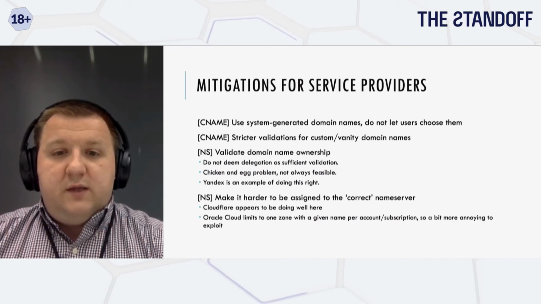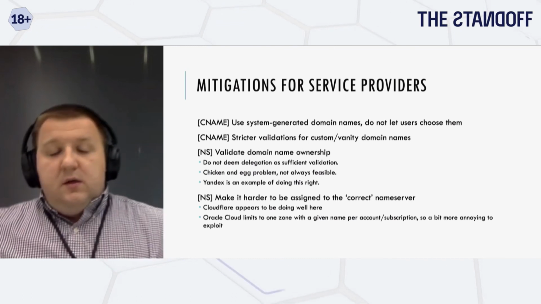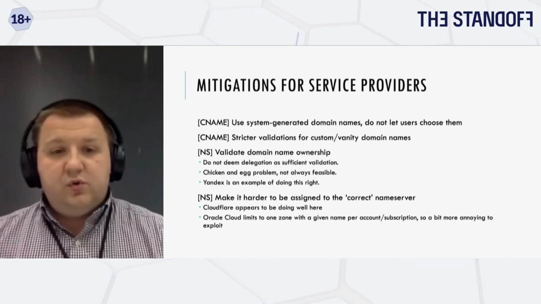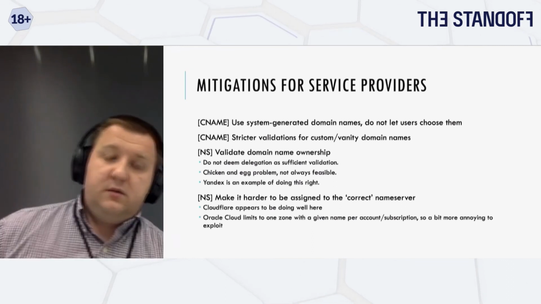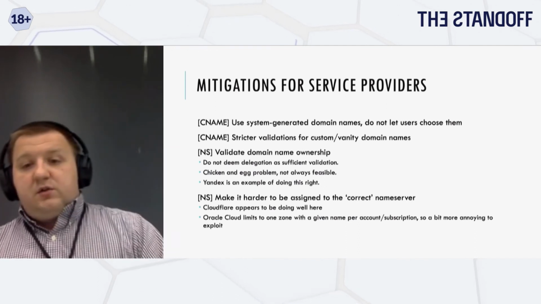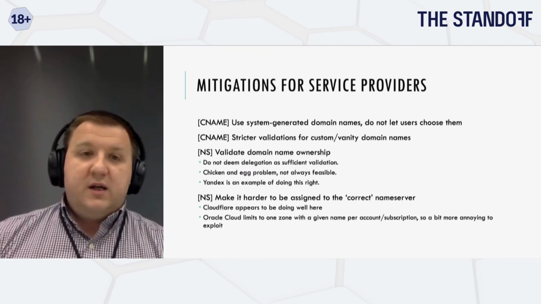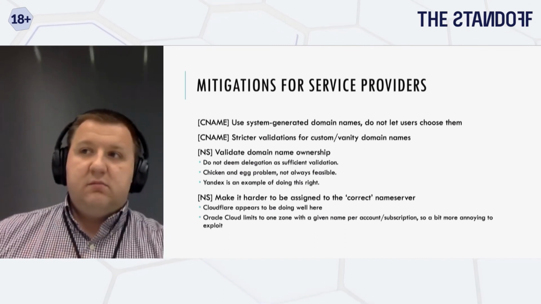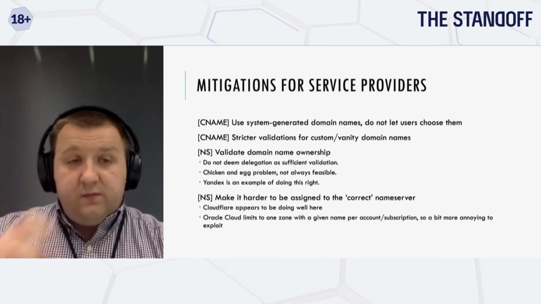Now, for dangling NS records, what cloud providers or managed service providers can do is complicate for the attacker the process of getting to the correct name server. All managed service providers have several partitions for name servers, several different pools actually.